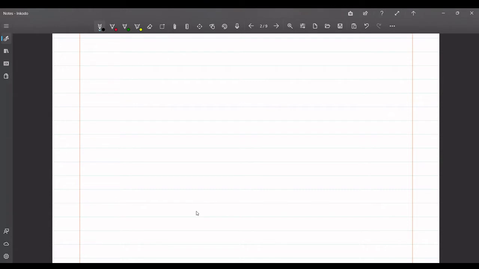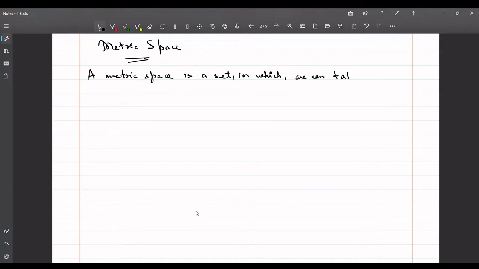If we speak about a metric space in very simple words, then a metric space is a set in which we can talk about the distance between two of its elements. Is it clear? Got it.